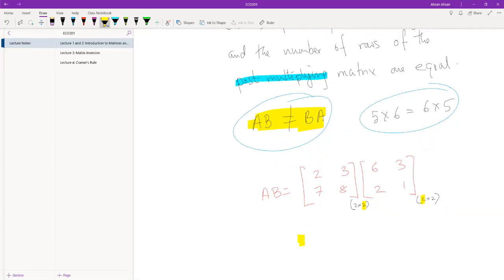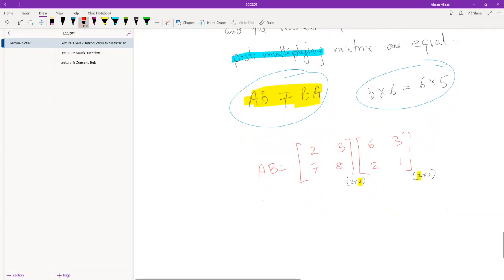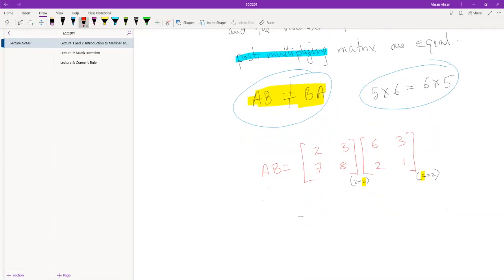So the next question is, what will be the dimension of the resulting matrix? If you multiply A and B, the answer will also be a matrix. But what will be the dimension of the resulting matrix? That is given by the other two, 2 and 2, which means when we multiply A and B, we're going to get a 2 by 2 matrix.